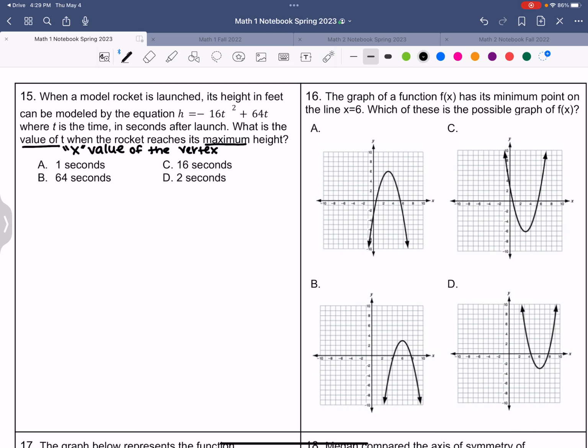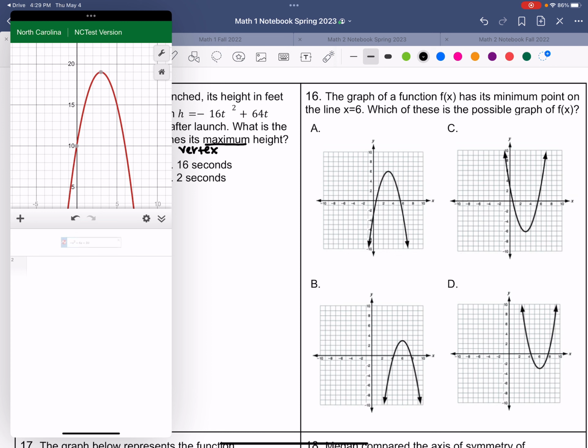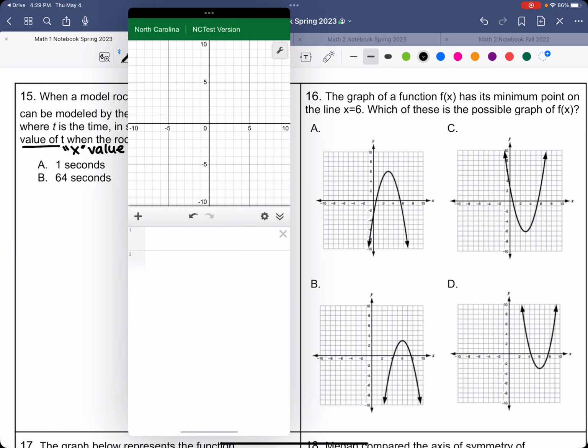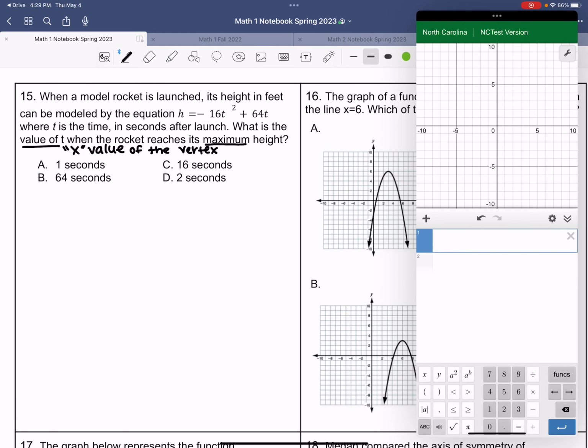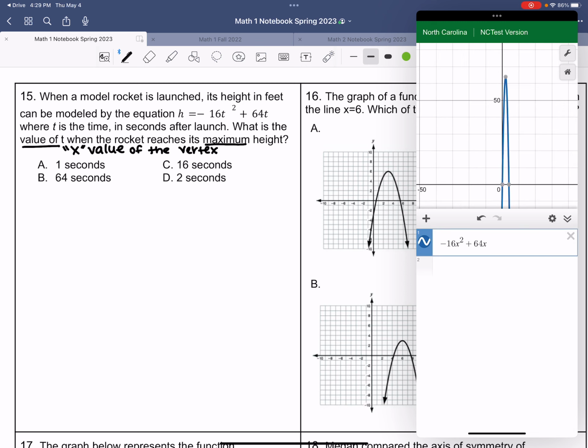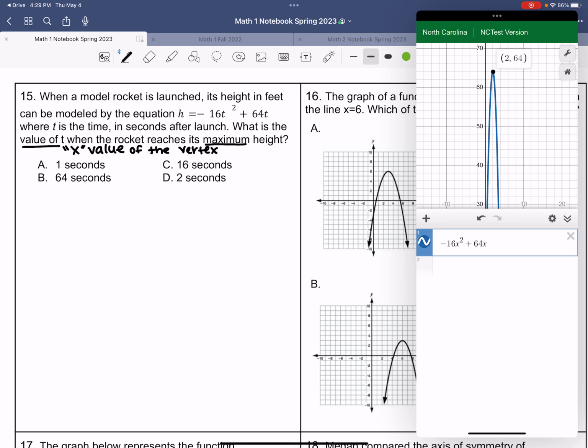So let's graph it, find the vertex, and look at the x value. Okay, vertex, again, just sketch it. So 2 seconds is what we're looking at there.